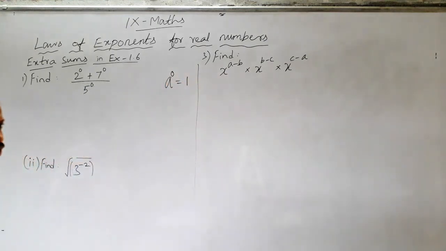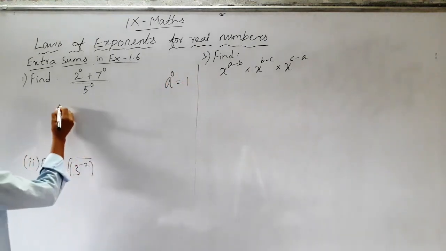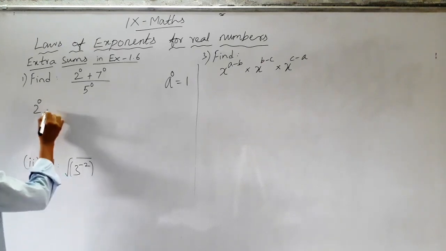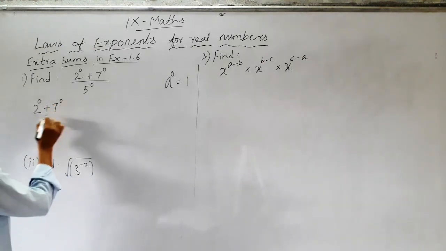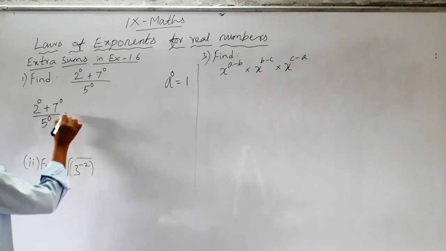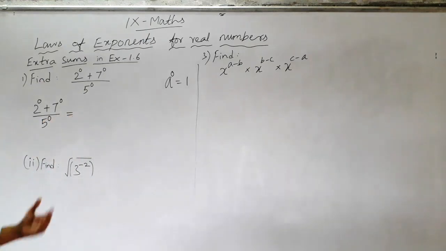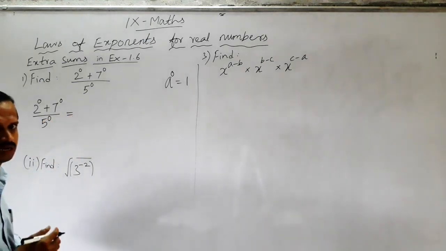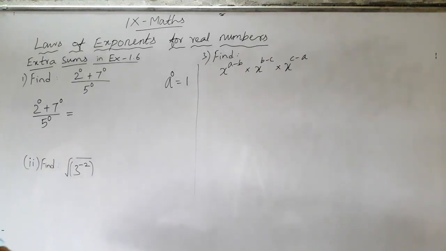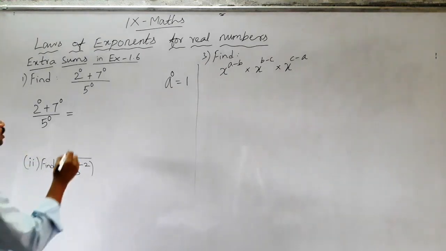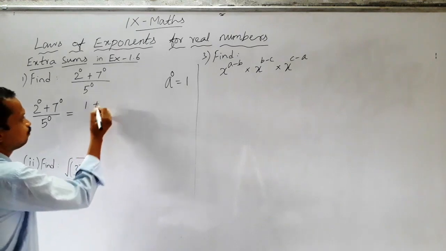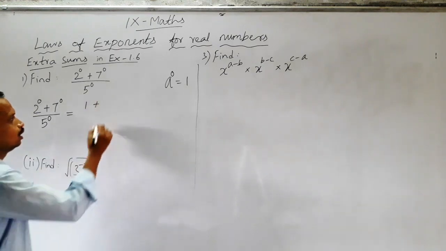By applying this exponent law, it is very easy to find the value of this. So 2 power 0 is also 1. Be careful, the power is 0. Therefore, 1 only is the answer. Plus 7 power 0, 1.